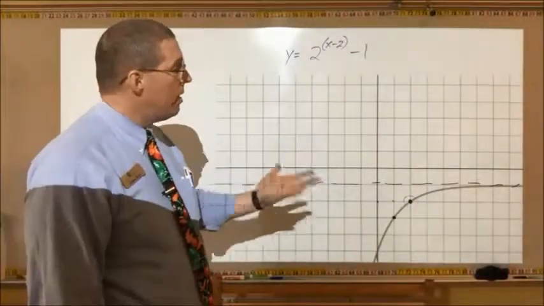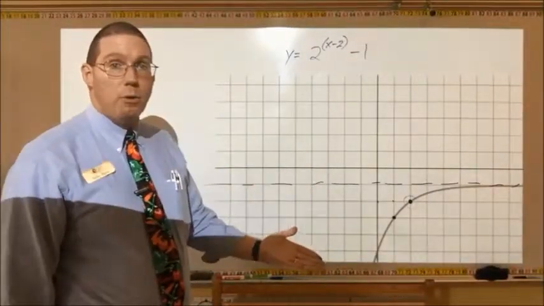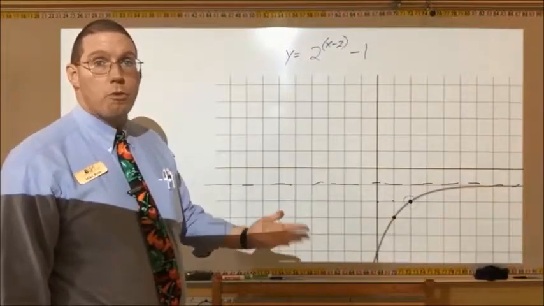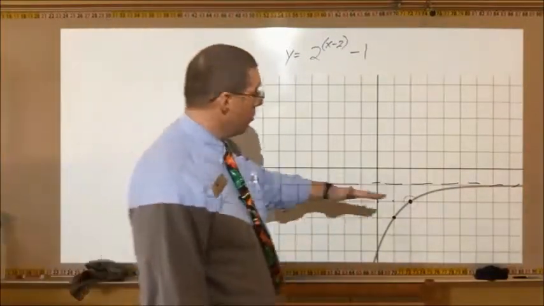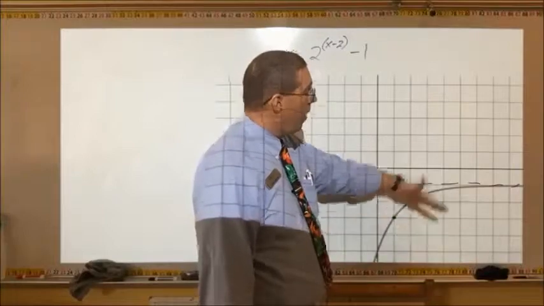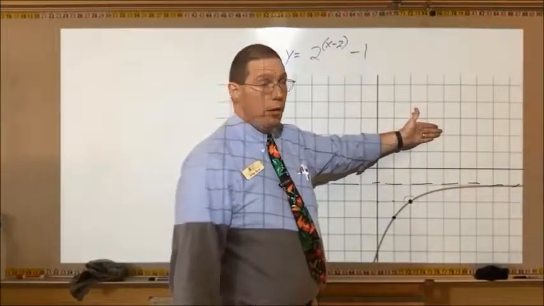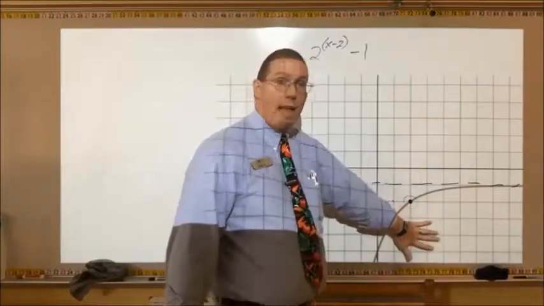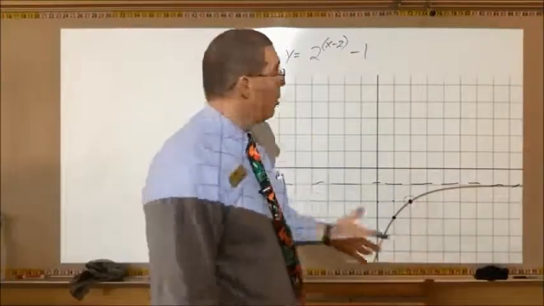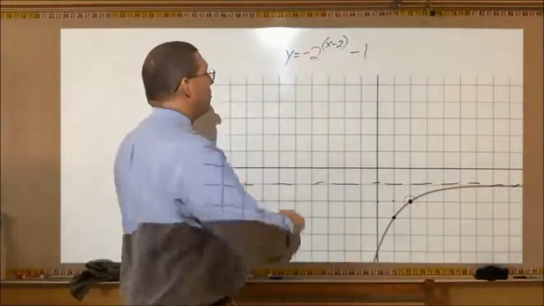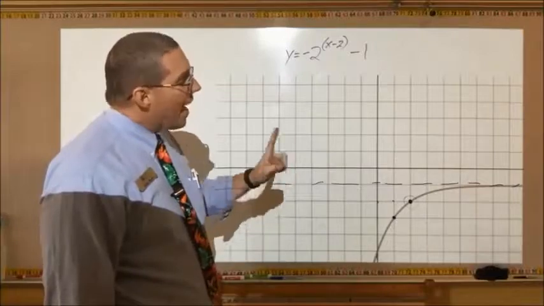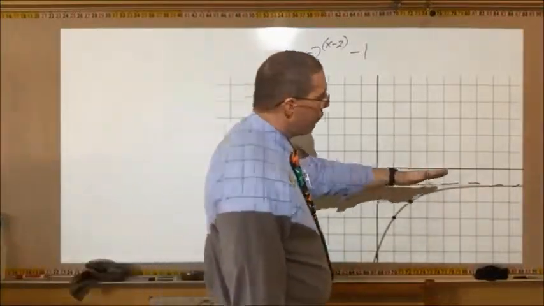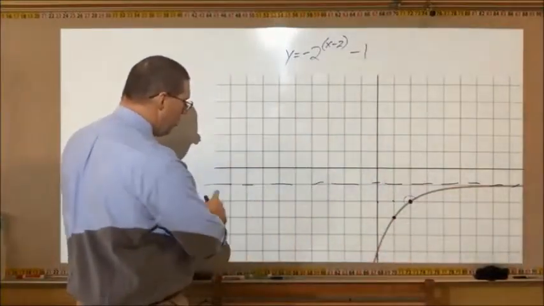Lastly, is this graph upside down, or is it backwards, or both? Well, exponential functions are normally above the asymptote, but this graph is below the asymptote, so it's upside down. So we're going to put a negative in front of the 2. Also, the graph normally follows the asymptote to the left.